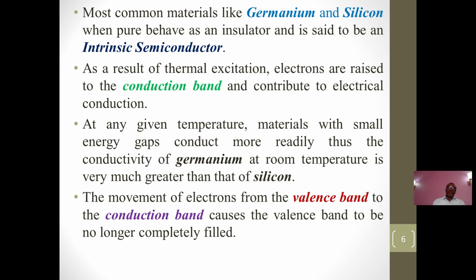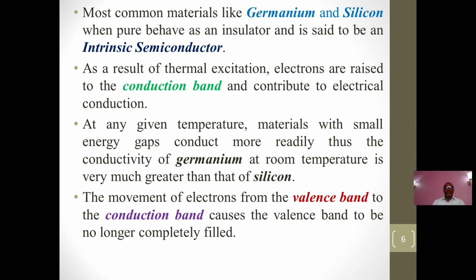As a result of thermal excitation, electrons are raised to the conduction band of such materials, and they contribute to electrical conduction. At any given temperature, materials with small energy gaps conduct more readily.